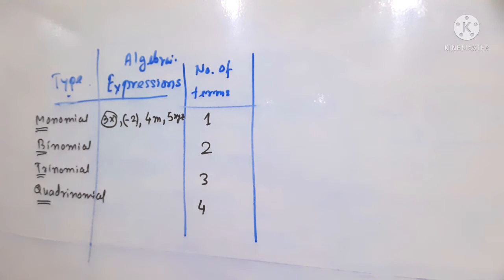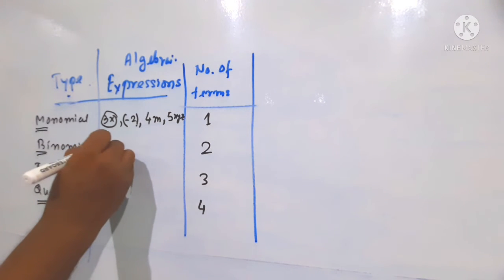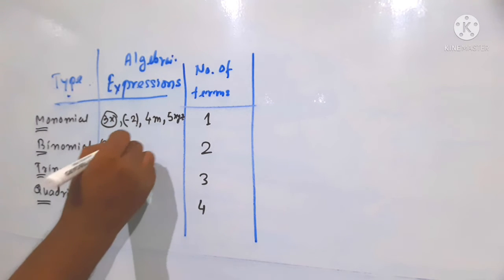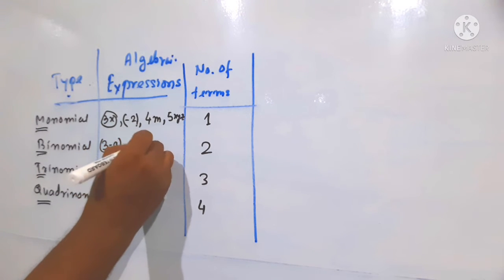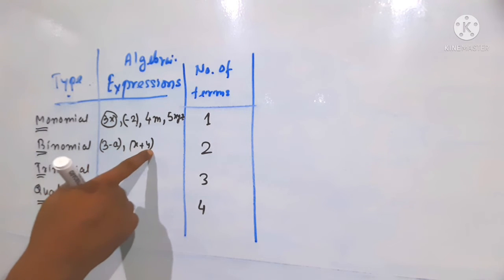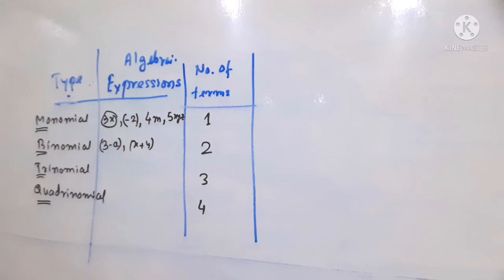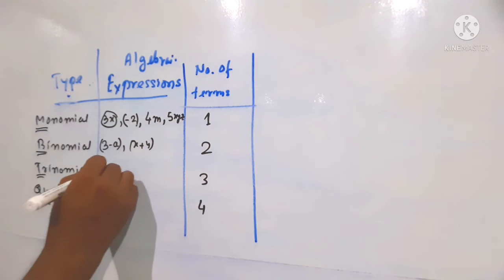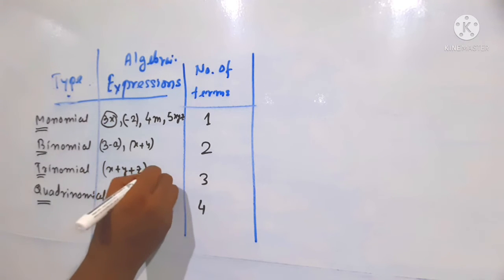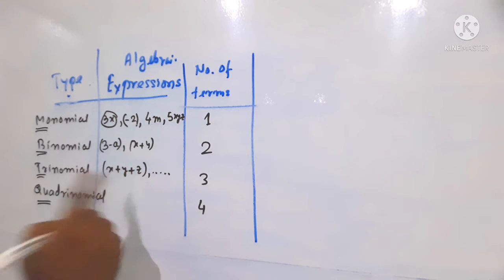And next, you can write 3 minus a. You can write x plus y: 1, 2, two terms mentioned here. Like this, you can write x plus y plus z and so on. There are 1, 2, 3.